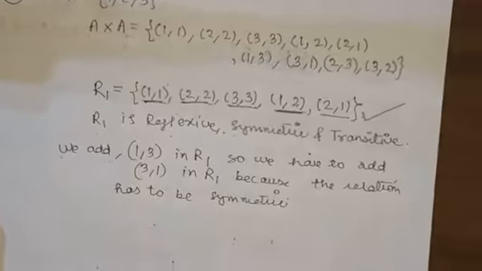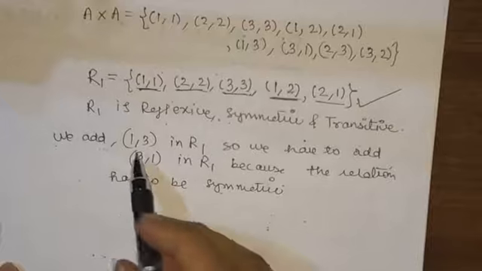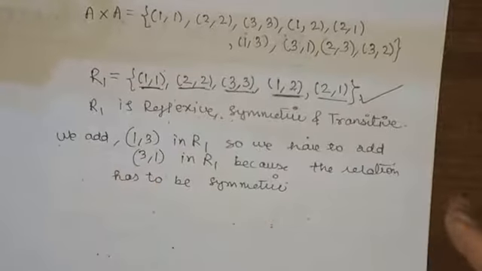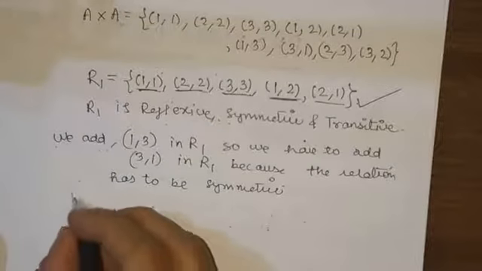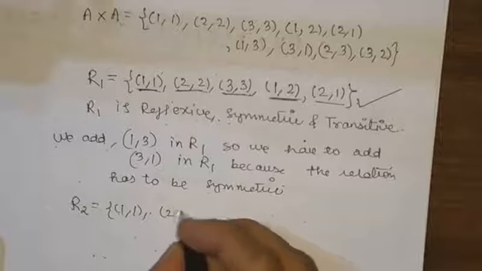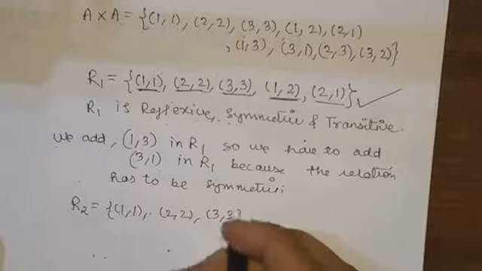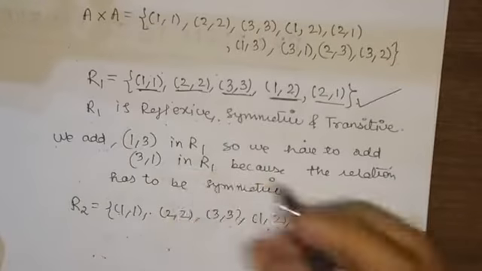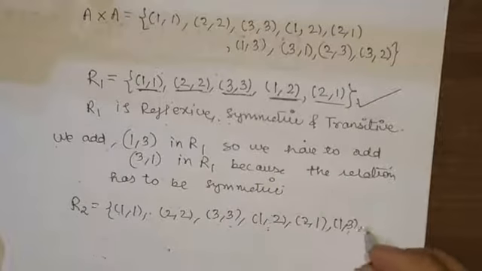Now we have added this. You will get a relation R2 equal to 1 comma 1, 2 comma 2, 3 comma 3, then 1 comma 2, 2 comma 1, then we added this, so 1 comma 3, 3 comma 1.